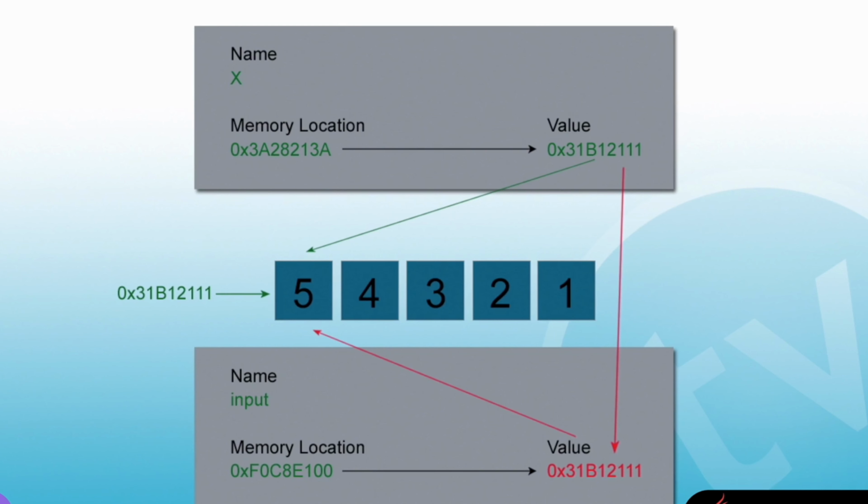But now, input and X both have the value of the same location in memory. So, while modifying input's value would not change the value of X, modifying the location of memory that input points to does still change that location of memory when X looks at it as well.